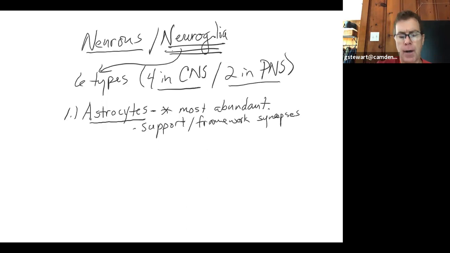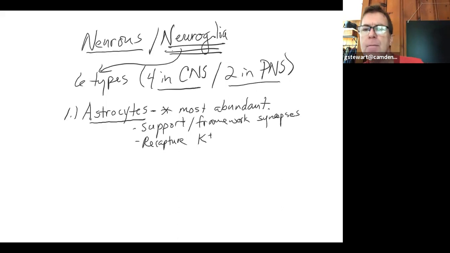They also recapture or recycle potassium ions. So I'm writing a K+. That will be more relevant to you after we go through how neurons actually work themselves. So this is during the act of depolarization. They can recapture and reuse potassium ions.